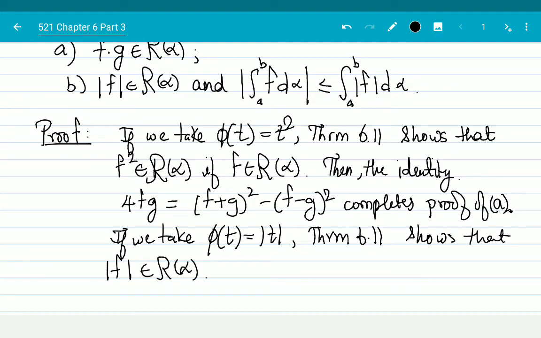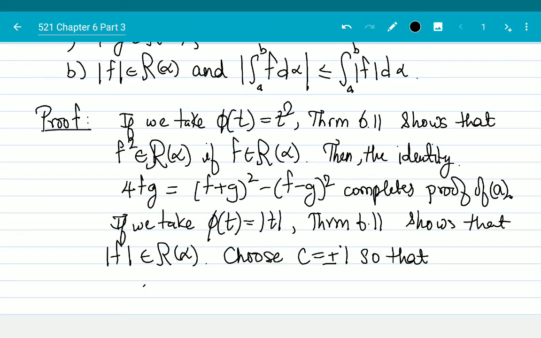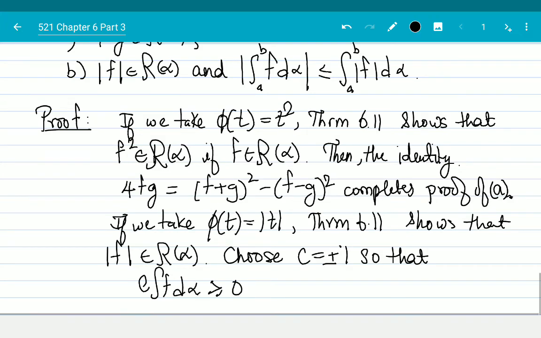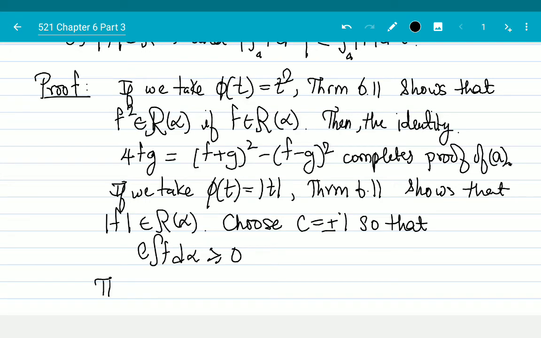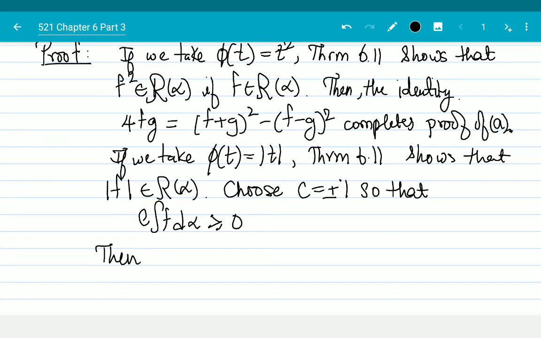In that case, choose c equal to plus or minus 1, so that c times the integral of f d alpha is greater than or equal to 0, right? Then what is the absolute value of the integral of f d alpha? Well, this is c times the integral of f d alpha.